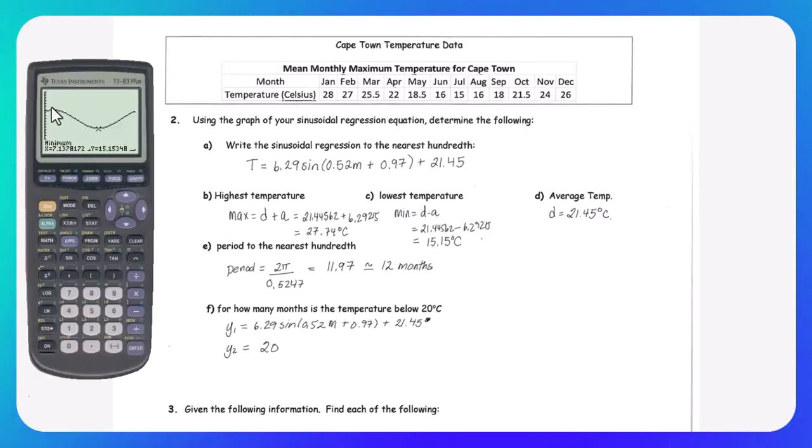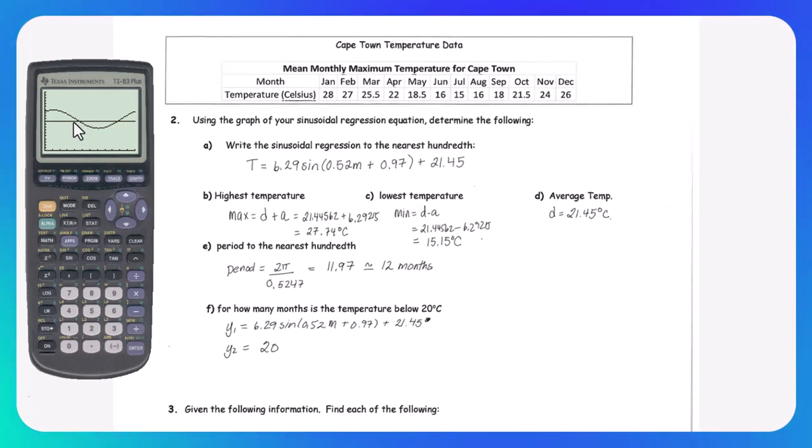Now remember, we have already put that in there. So we just need to add the 20 into our y2. Graphing again, there we go. So now this time it says, for how many months is the temperature below 20 degrees?